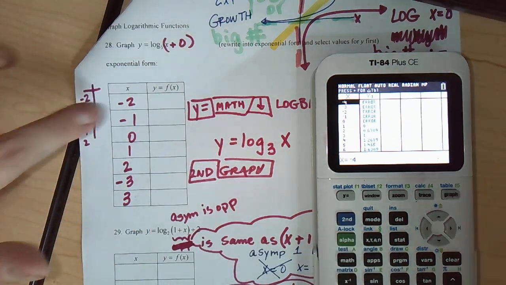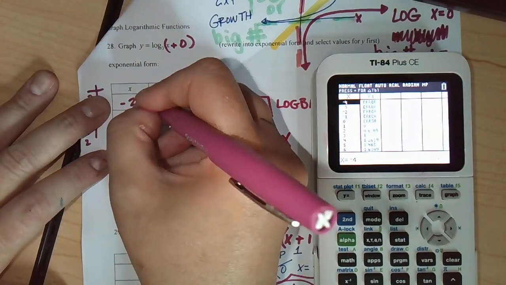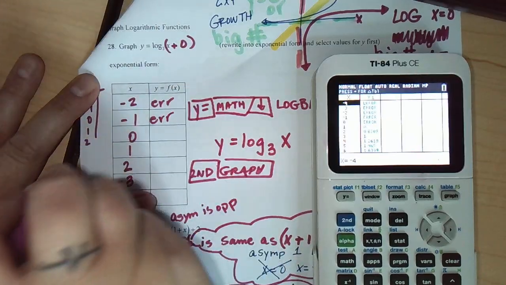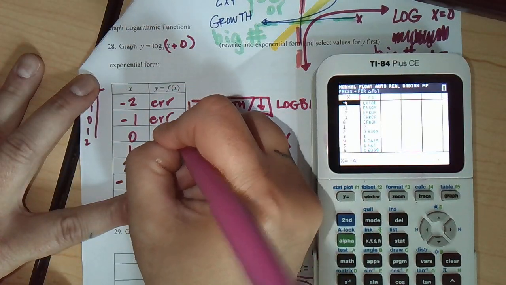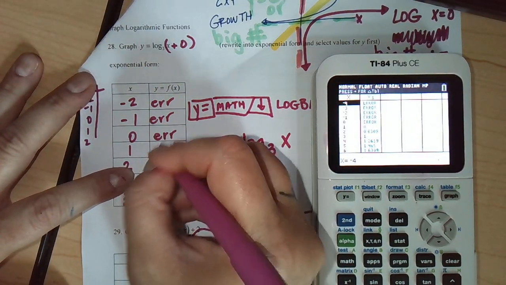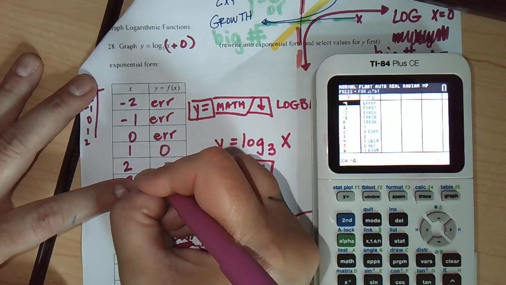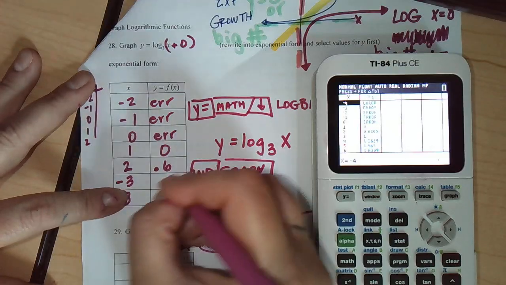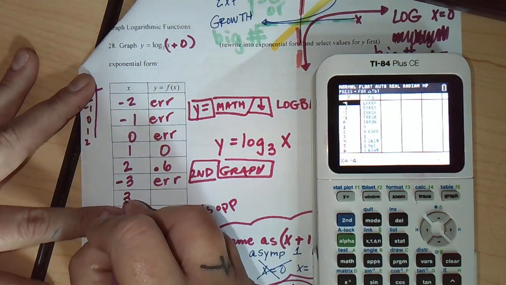And you can see that at -2 we have error. -1, error. 0, error. 1 is 0, 2 is 0.6, we'll just kind of guess. -3, oh, that was error. 3 is 1.